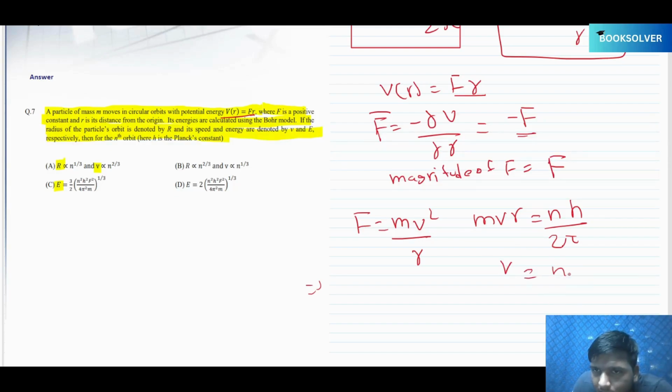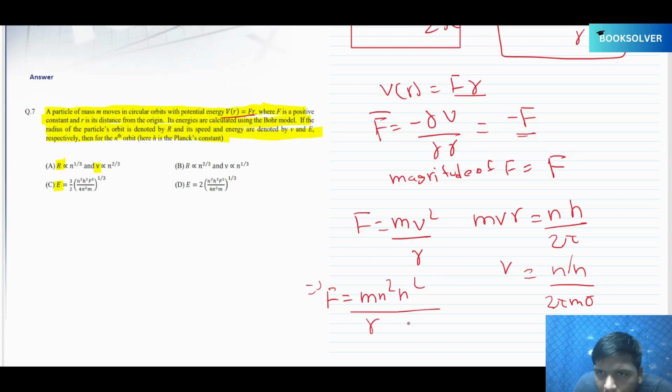So v is nothing but nh by 2 pi m r. If we put it here, we get F equal to m times n square h square by 4 pi square m square r square, divided by r. We will write r as capital R in all the places.